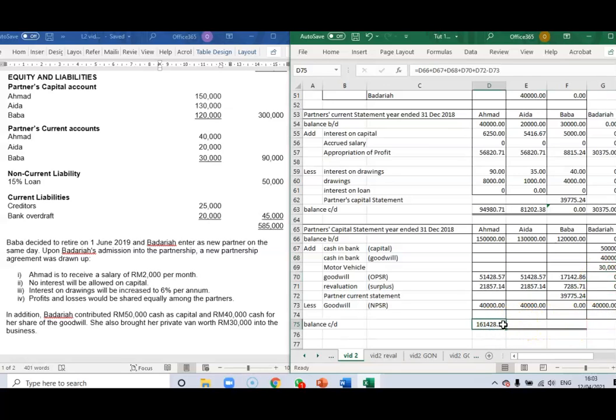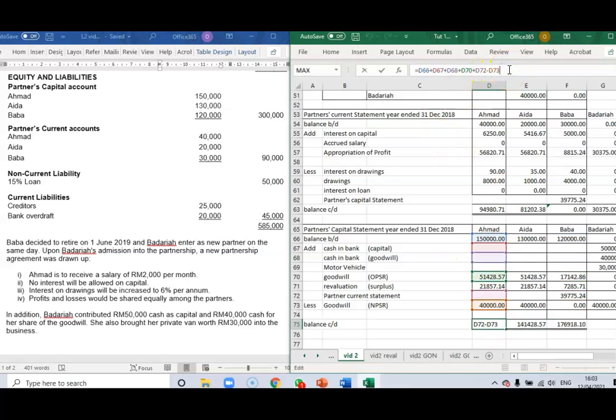Okay, now then this one is more or less the same. Ida is more or less the same as Ahmad. Baba, only that. Baba. Did I do it correctly?